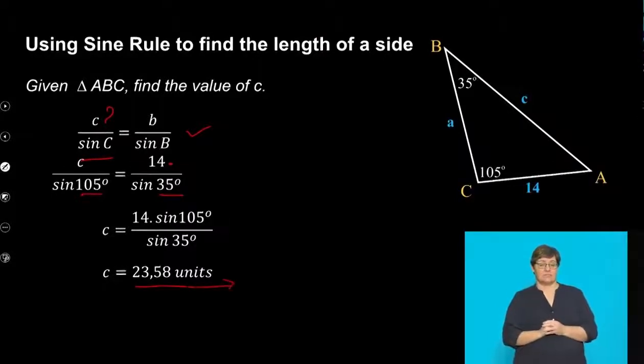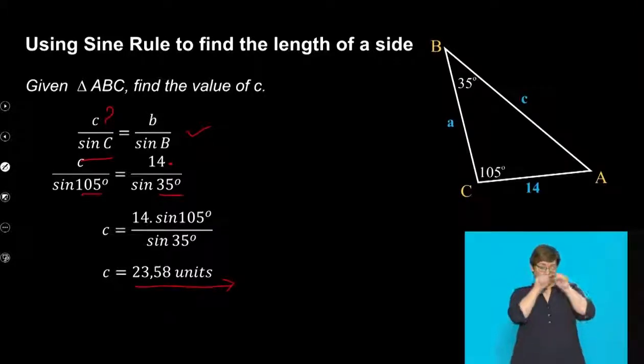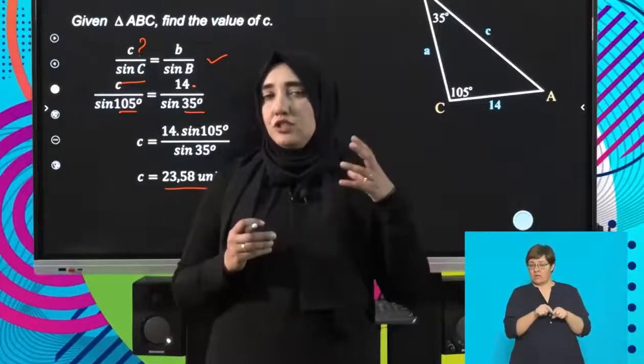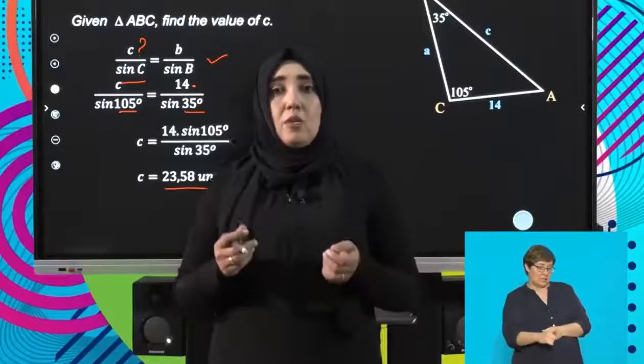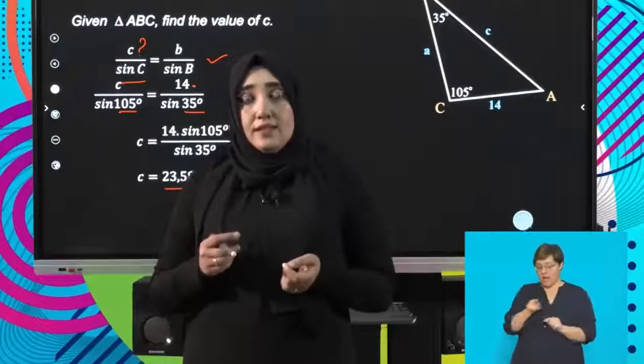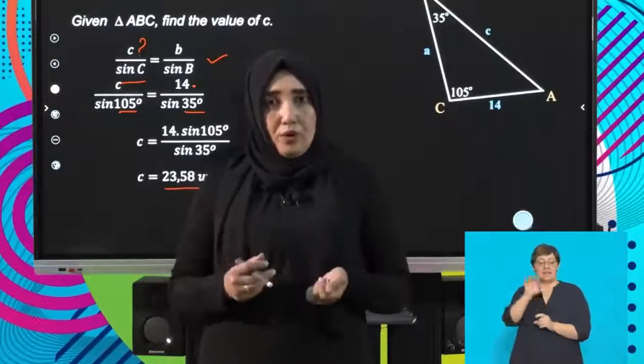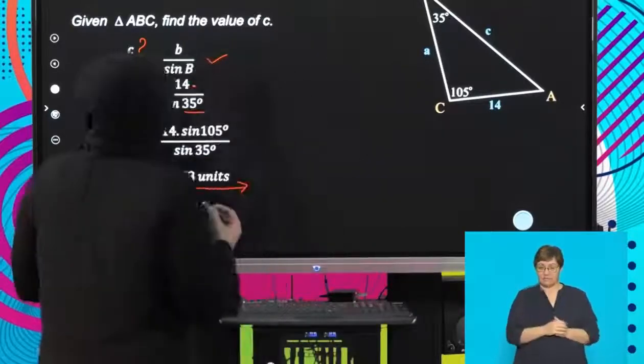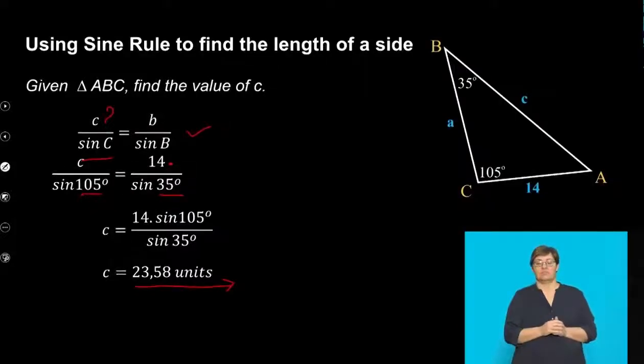Now, there's something that we have to remember when we're dealing with triangles. We have to do a kind of a checksum just to make sure that our answers make sense in the context of the problem. So let's go back to the answer that we've just got. If you look at our diagram, 35 is less than 105.